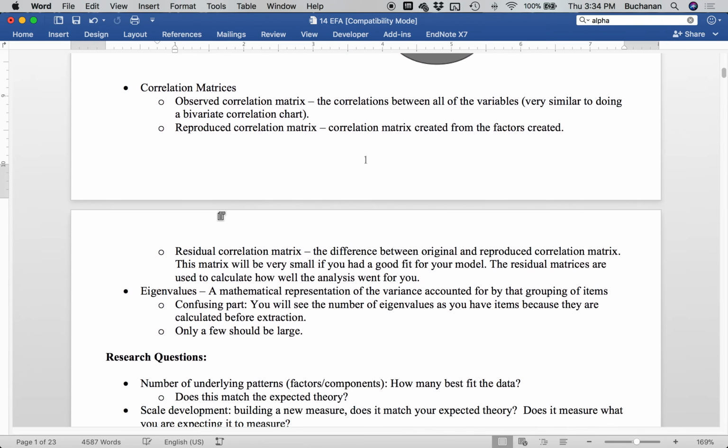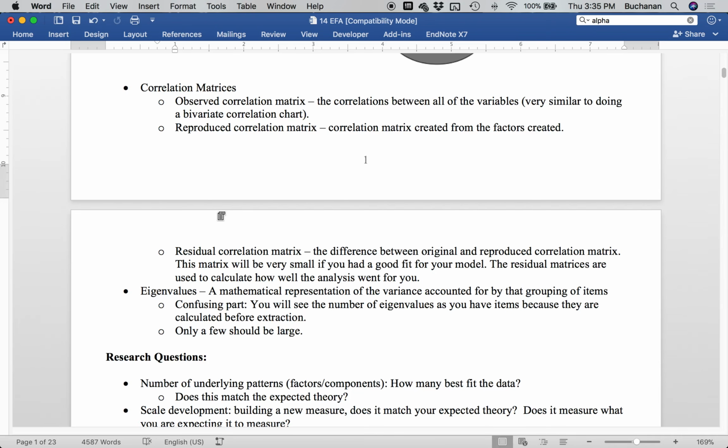Now, when we're doing this, what we'll do is create a correlation matrix, that's the underlying math in the background. It creates a traditional correlation matrix that we've been doing all year. And then we're going to try to reproduce it. So a reproduced correlation matrix is like we build this model of all these different clusters of variance.